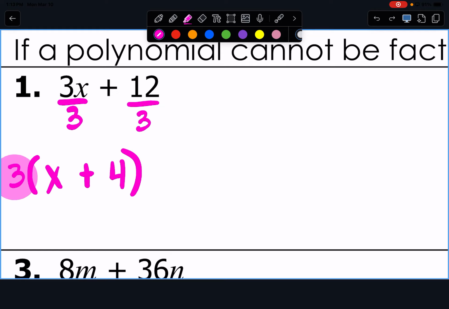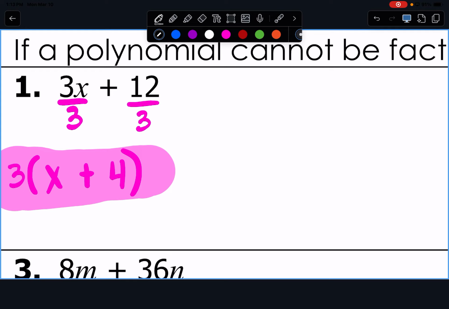Okay? Now, one thing that's really cool about GCFs is they're the kind of problem where you can always check it. For factoring in general, you can always check. I'm not going to make you check every single one of these, that seems excessive.